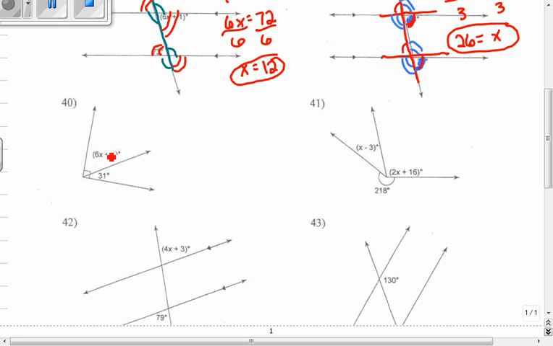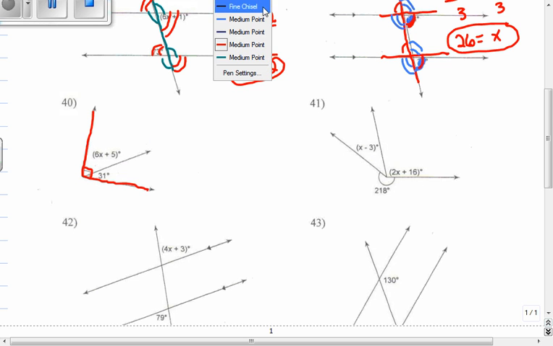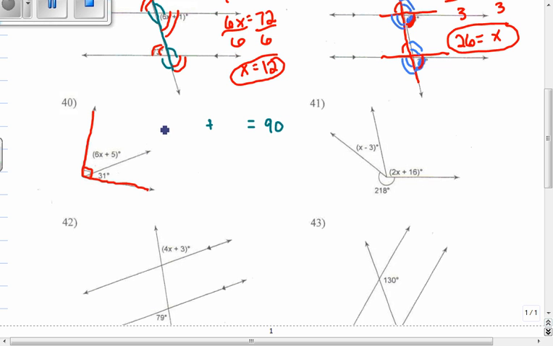Okay, for problem number 40, these two angles form what? A right angle. So they're what kinds of angles? Complementary. Complementary angles add to 90 degrees. So I'm going to put plus, and equals 90. Now I'm going to plug in. So I've got 6x plus 5, and I add that to the other angle, which is 31.